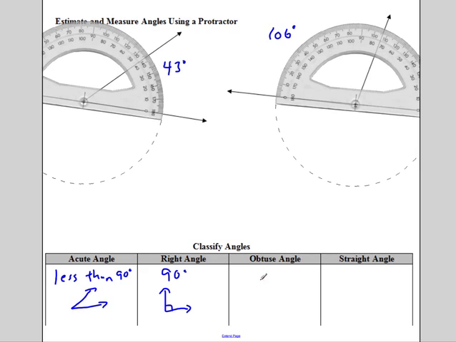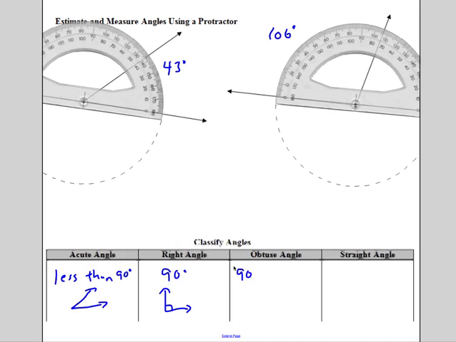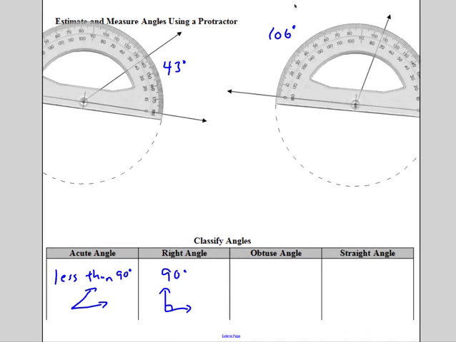And obtuse is really between 90 and 180 degrees. Let me write that a little better. It's an angle that is between 90 degrees and 180 degrees.